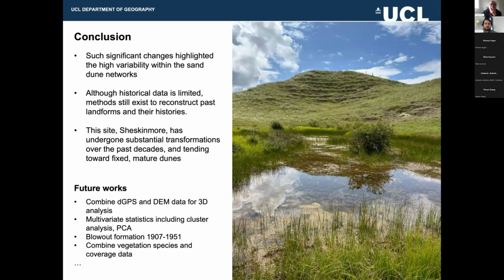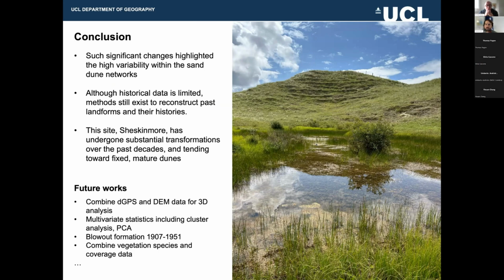In conclusion, the significant change across the site highlighted the high variability within the dune systems. Although there are limited historical data, we are still able to find methods to reconstruct the past landform and their histories.